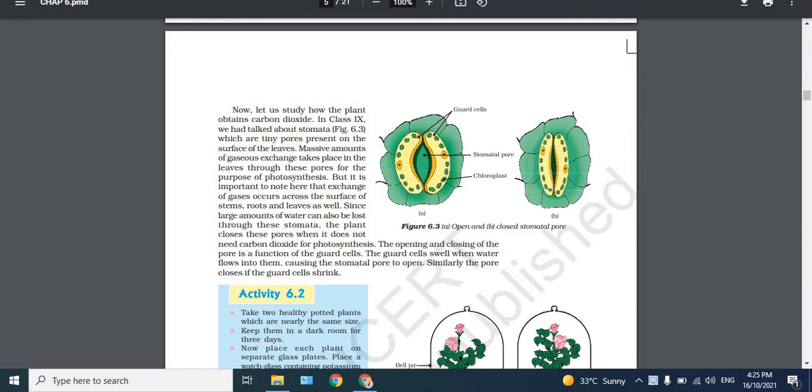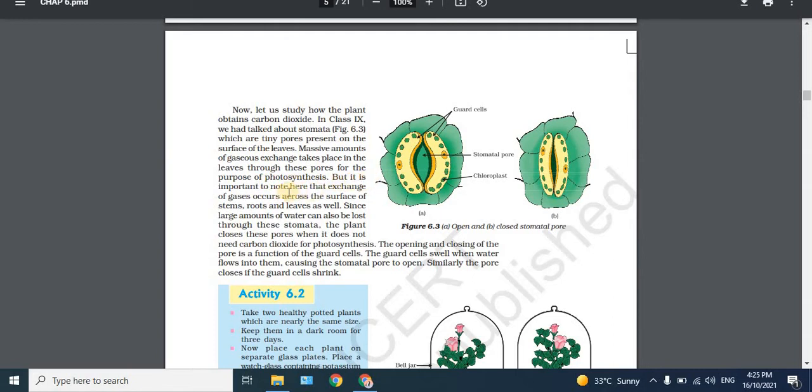In class 9 we had talked about stomata, figure 6.3, which are the tiny pores present on the surface of the leaves. Massive amounts of gaseous exchange take place in the leaves through these pores for the purpose of photosynthesis.